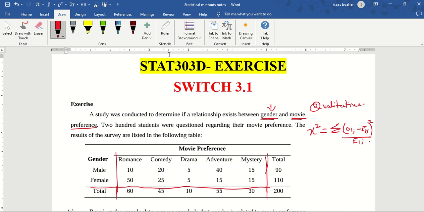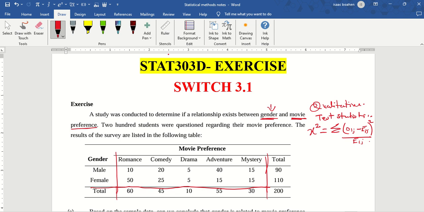So that is the formula. This is the test statistic you'll be using because the data is qualitative.